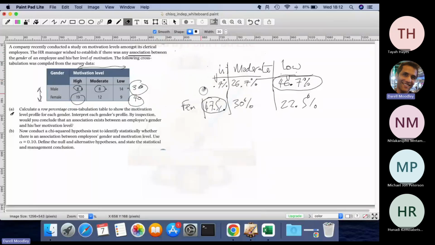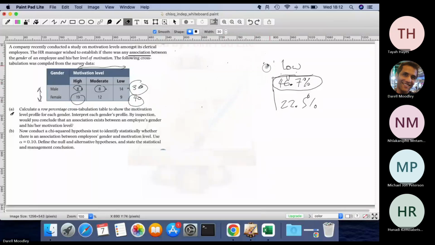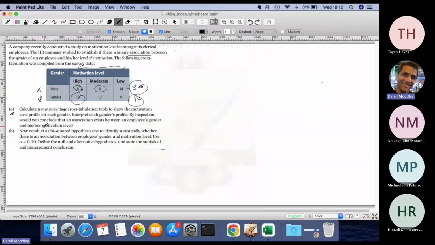So let me clear this out. All right, so question B, let's start with that. Conduct a chi-square test to identify statistically whether there is an association. So in other words, test for independence.